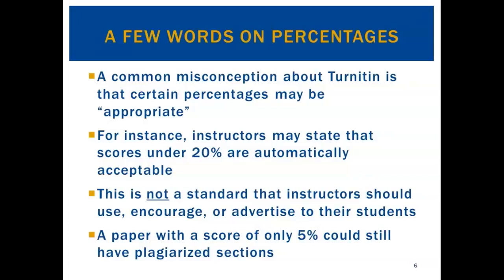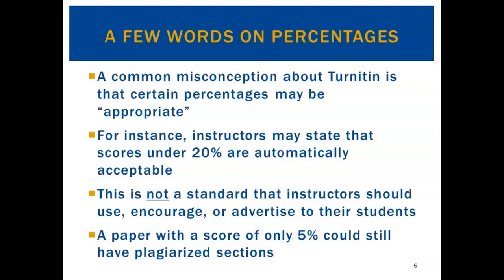So it's really important to know how to read a Turnitin report. One of the things that Turnitin will count in its percentage is a works cited or a reference page. So every source used there is usually identified, so that doesn't really count as part of what the plagiarized material is.